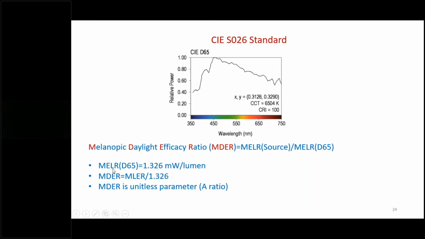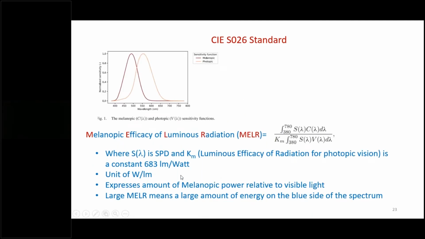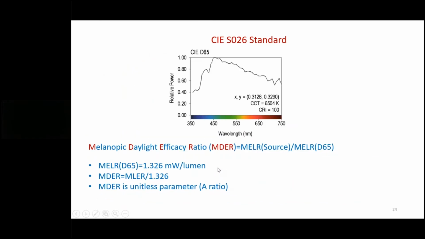And it turns out that its MELR is 1.326 milliwatts per lumen. I also forgot to mention in the previous slide that you would express this in terms of milliwatts per lumen. So you would multiply by a factor of 1,000 to express this quantity in milliwatts per lumen, not watts per lumen. So here you also have the MELR of this source as 1.36 milliwatts per lumen.